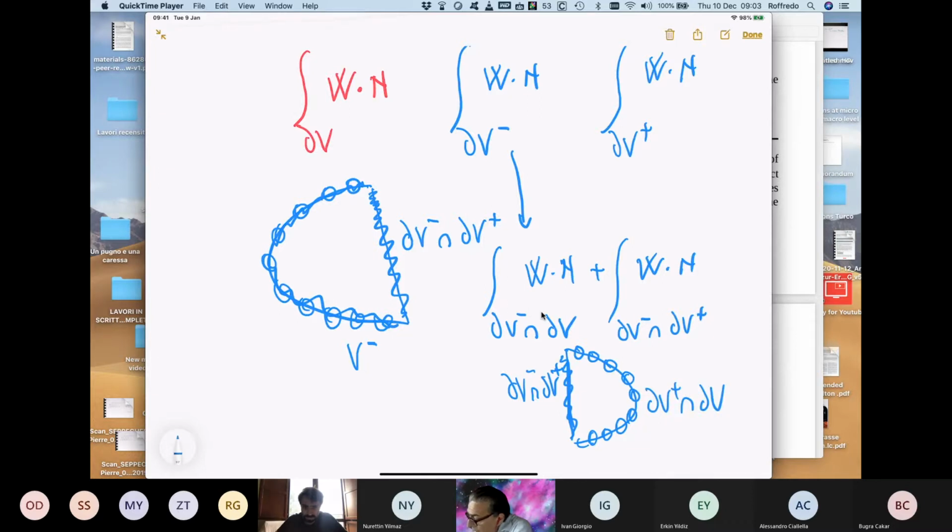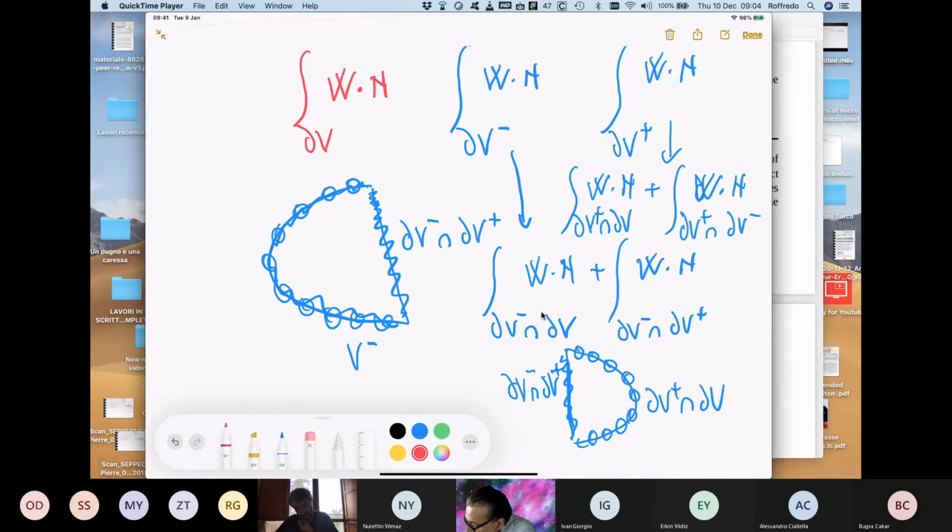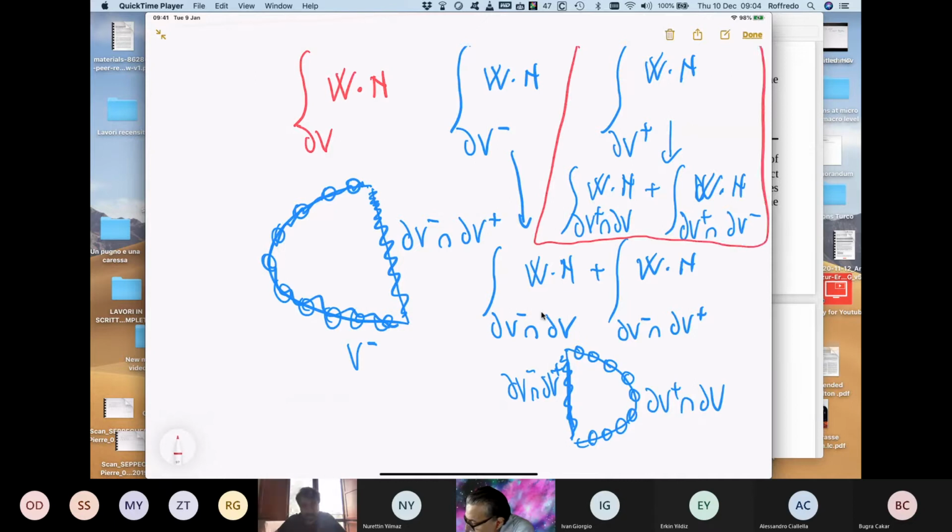Similarly, this becomes the integral over dV plus intersection dV of W dot N plus the integral over dV plus intersection dV minus of W dot N. So this addend becomes that, and this addend is equal to that, simply by decomposing the boundary and using additivity of the surface integral.